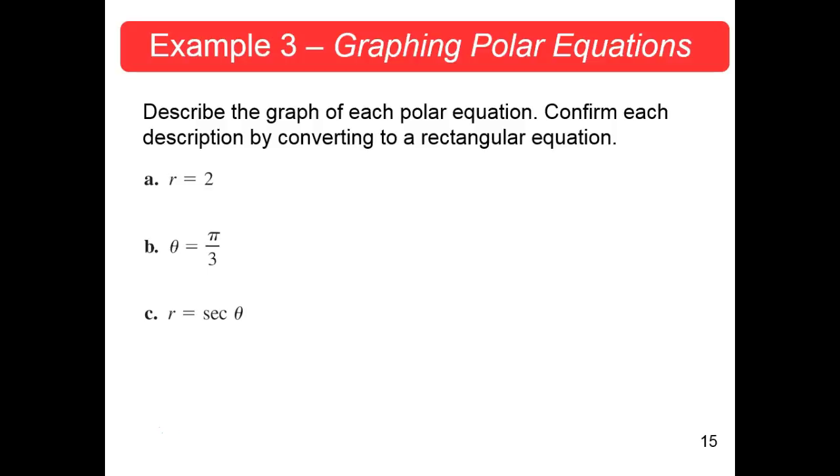You can let theta be anything in the world. So radius of 2 would be 2 units from the origin. Every point 2 units from the origin. Guess what that describes? A circle of radius 2, okay? Centered about the origin. Okay, so that's a description of the graph. That's a circle. Remember when we did our first thing? The radius 1, radius 2, radius of 3. That's your radius of 2. That circle, that would be right there.